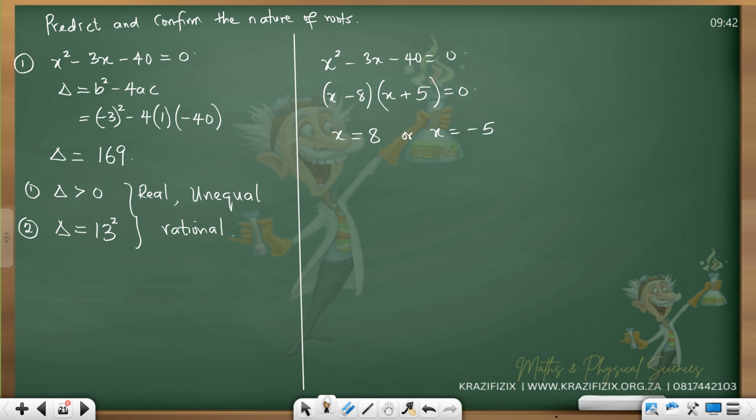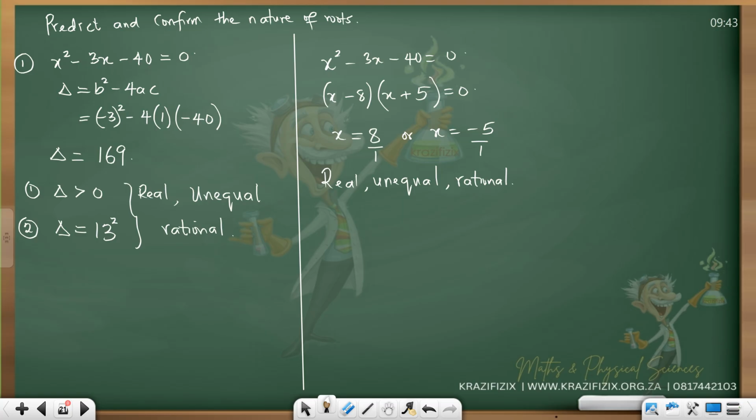No. Can they be written as fractions? Yes. 8 over 1. Check. They are real, they are unequal, and they are rational. I don't know if this makes sense to you.